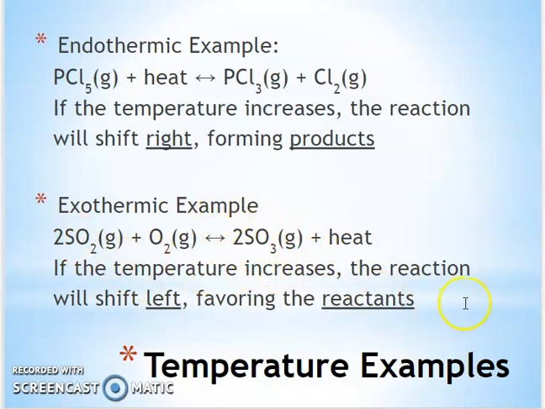So if you're increasing the temperature, you're going to encourage the backwards reaction to happen, because the backwards reaction, this decomposition, is the endothermic process, the process that requires overall breaking of bonds and the overall absorption of heat. So that's how you know that reaction will shift left to favor the reactants of this particular expression.